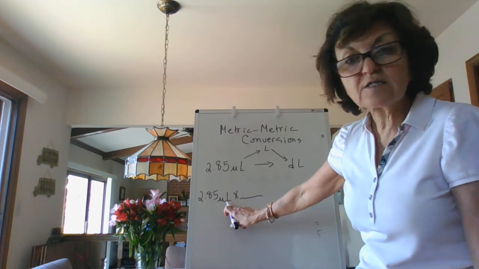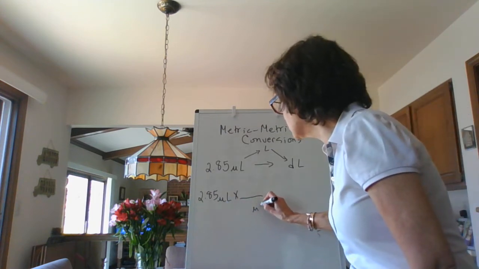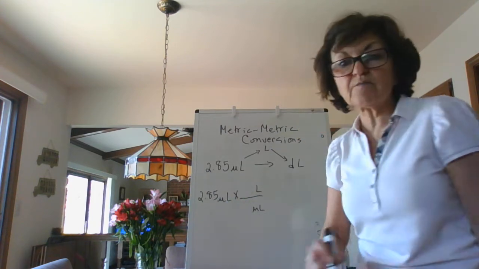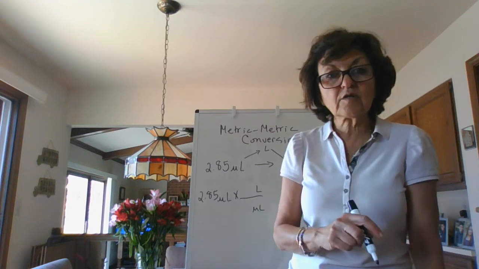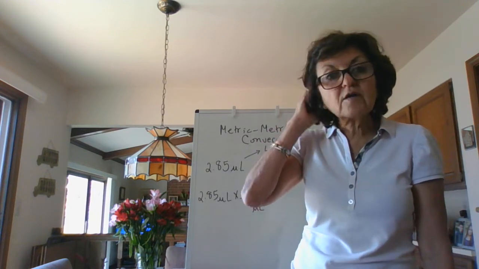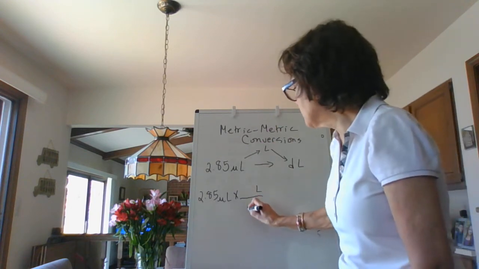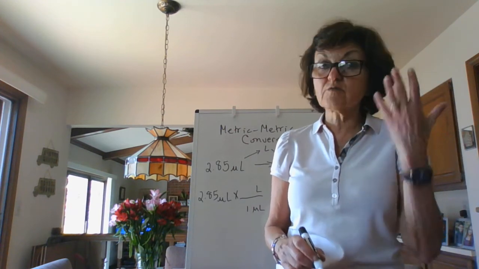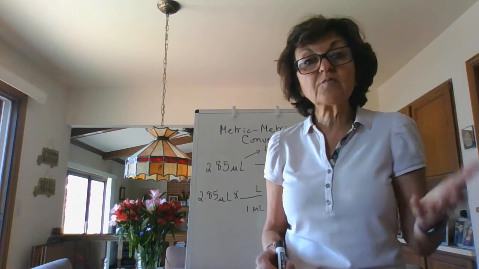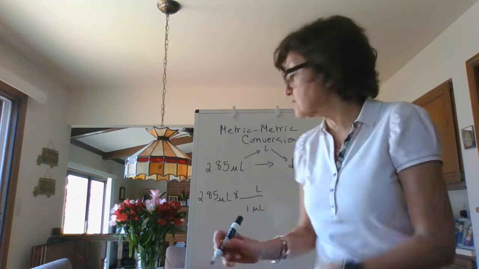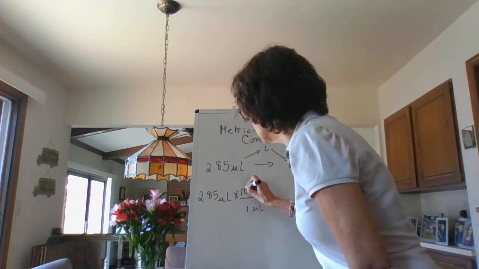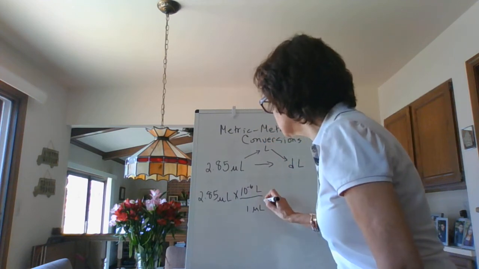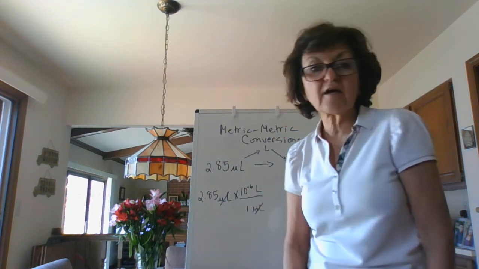If I want to cancel this, I put microliters down here and I put liters here. Remember what I just told you a little while ago: the 1 goes to the prefix. What does the prefix mean? What does micro mean? Because we're going to have this memorized, micro means 10 to the minus 6. So we give the 10 to the minus 6 to the liters. That way our microliters have been canceled.